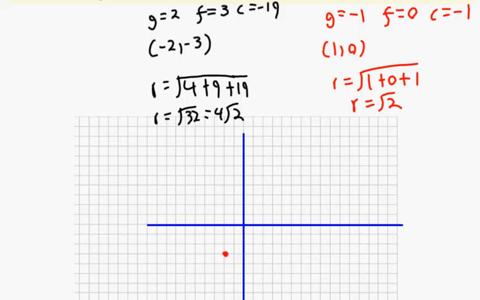Now you guys won't be able to do this, but I know roughly how long 4 root 2 is: 4 across and 4 up. That's it there. 1, 2, 3, 4. 1, 2, 3, 4. That point there, right? That's a rough radius of 4 root 2.